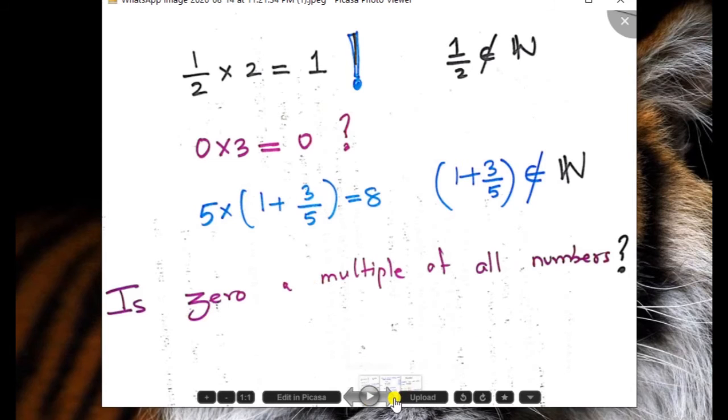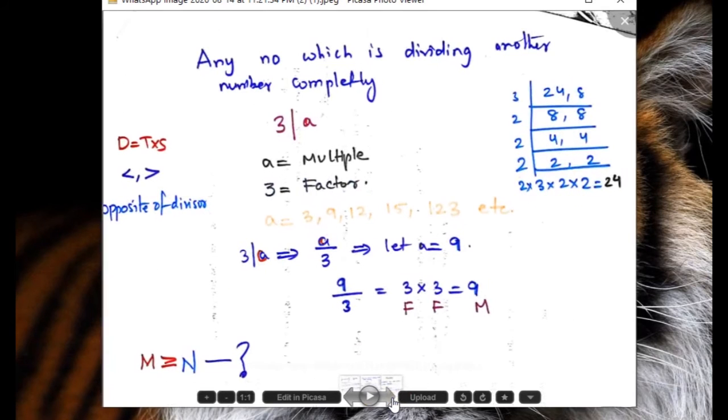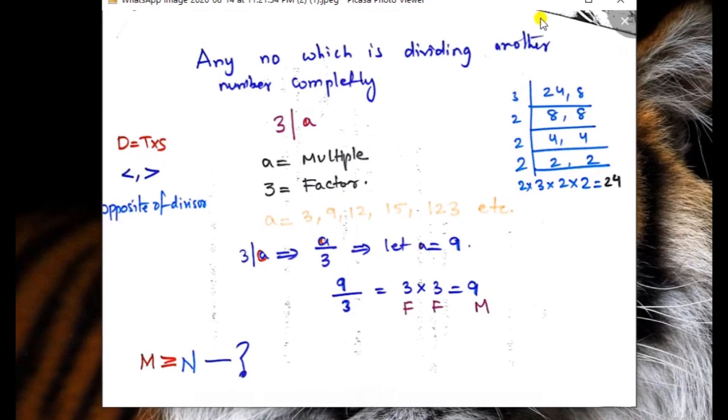And one more thing that I want to say about multiples. Now we can draw some analogy from here, from what we have understood about the concept of multiple. For example, if 3 is dividing a, we can say that a is a multiple of 3, right? A is a multiple of 3.